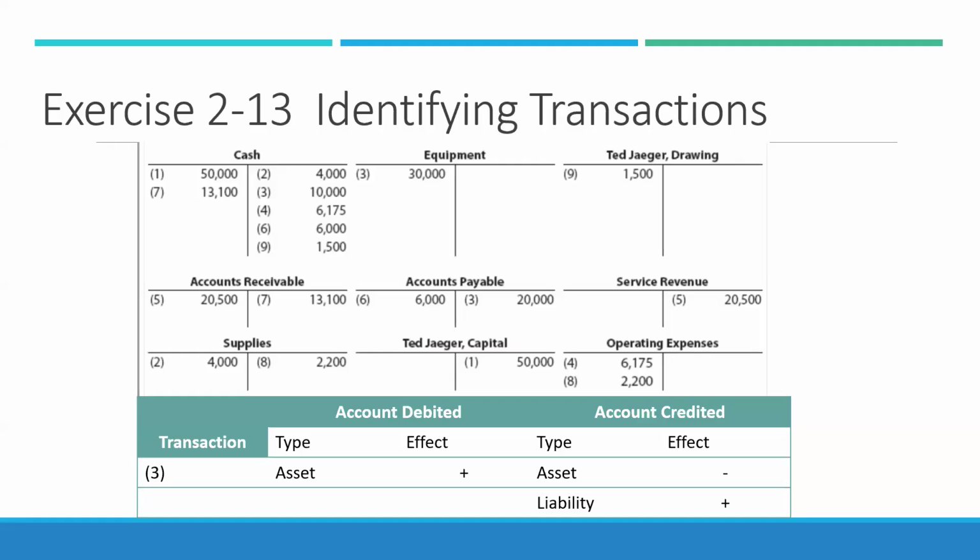So in this one, there's 3 accounts that are being affected. Do you see cash went down 10,000? A liability went up 20,000 and an asset called equipment went up to 30,000. What do you think happened here?